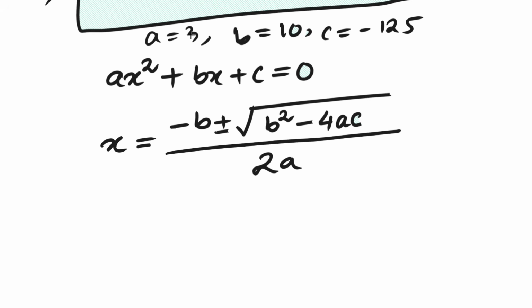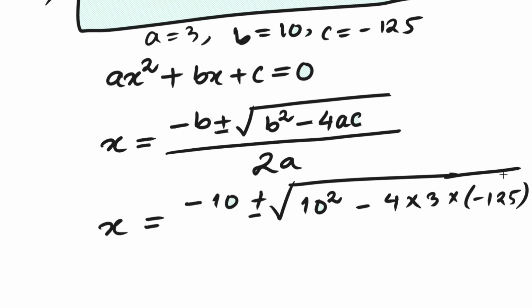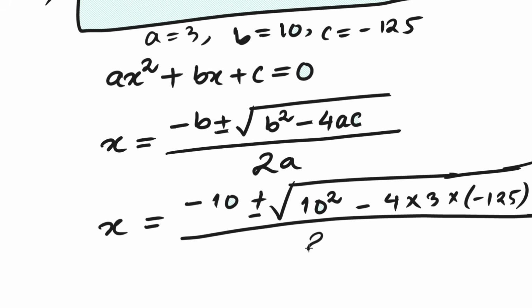So, substituting these values gives x equals negative 10 plus or minus the square root of 10 squared minus 4, multiplied by 3, multiplied by negative 125, all divided by 6.